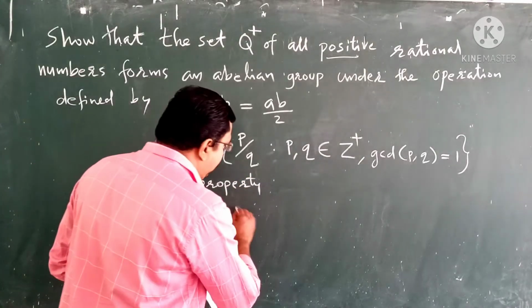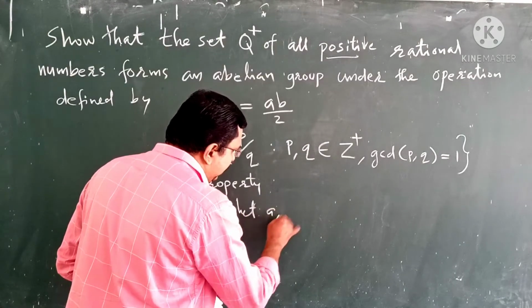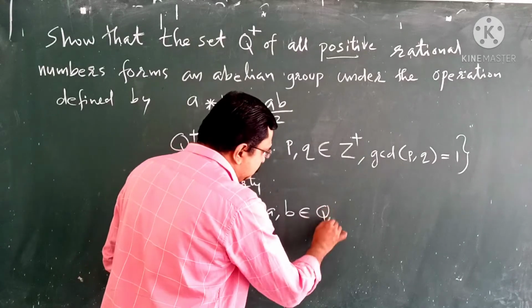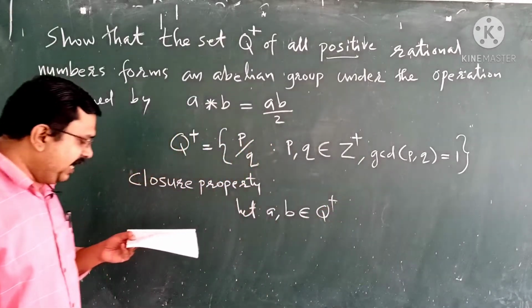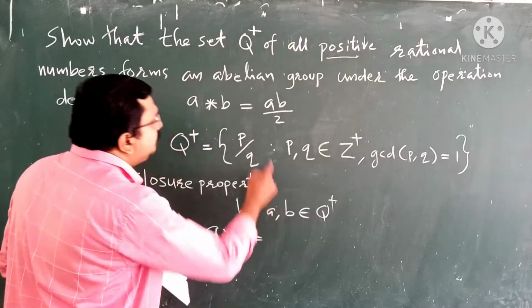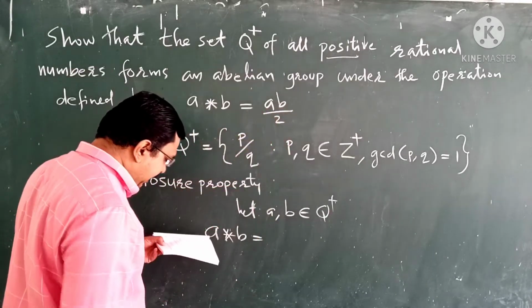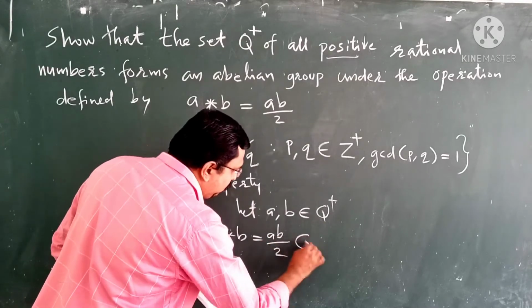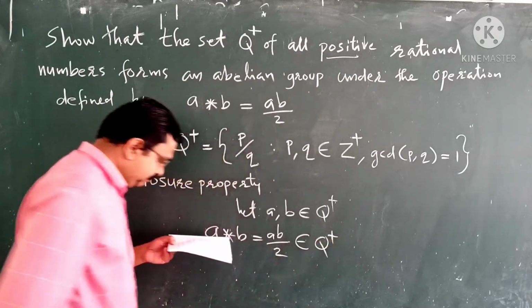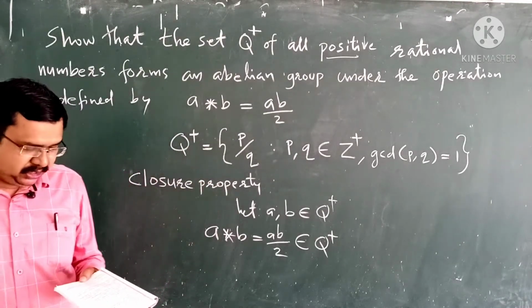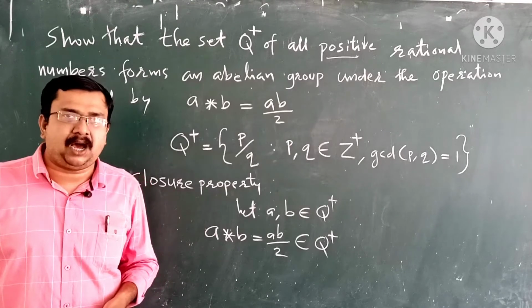Let a, b belong to Q plus, then a star b is ab by 2, and ab by 2 also belongs to Q plus. This shows that Q plus is closed under the operation star.